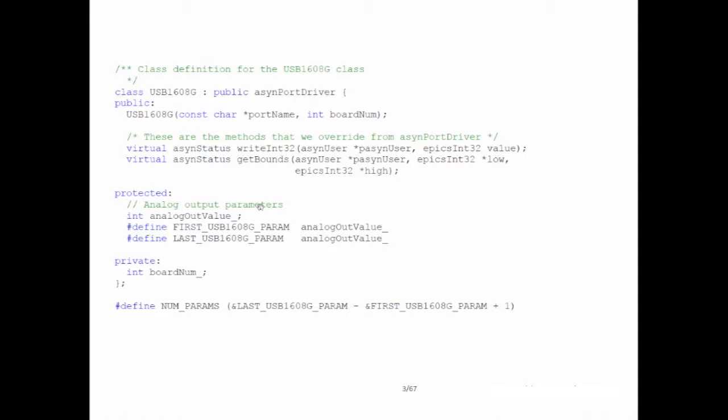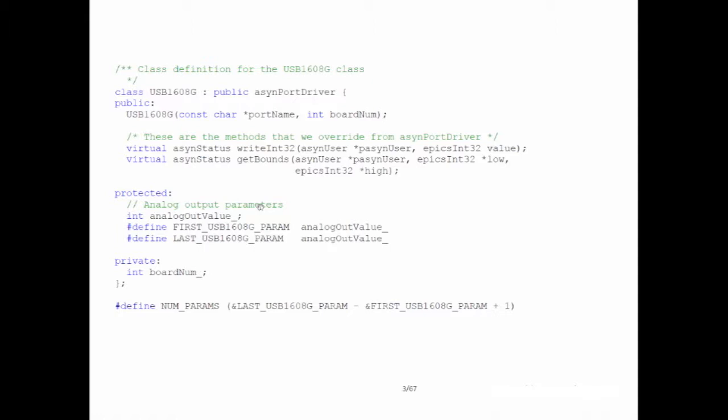And then we're going to re-implement 2 of the methods from asynPortDriver: the writeInt32 method and the getBounds method. And these are the parameters that those methods take. Then we're going to have some data that we could make private, or if you wanted this class to be able to be subclassed by some other class, you could make it protected.